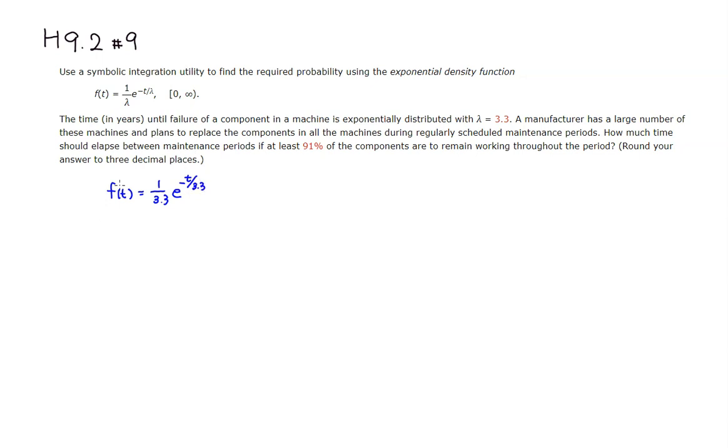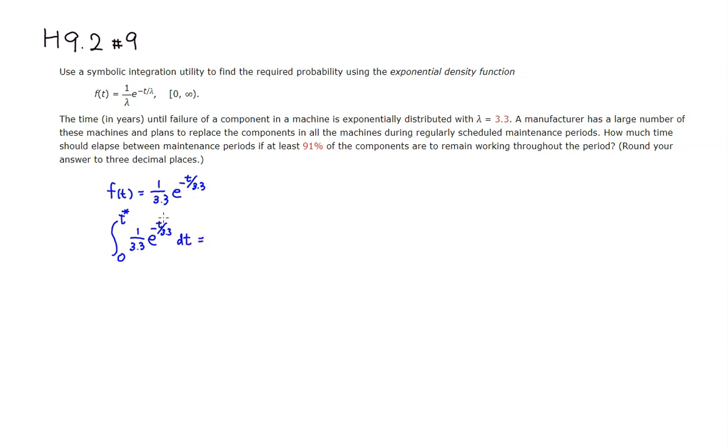Then we're looking at the probability, so it's going from 0 to, we don't know t, so I don't want to use t. I'm going to call it t star. So this is how much time. Then you have 1 over 3.3 e to the negative t over 3.3 dt, right?